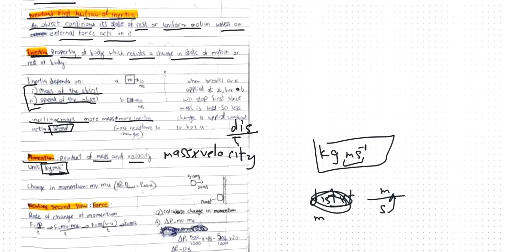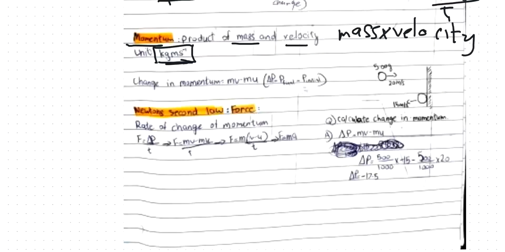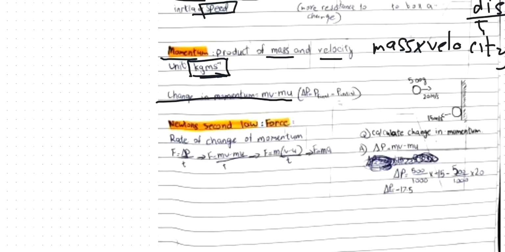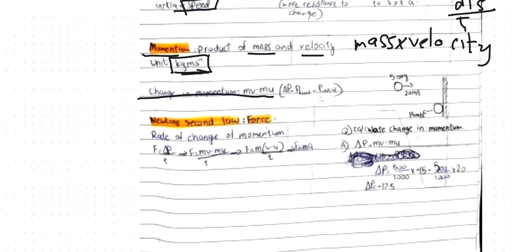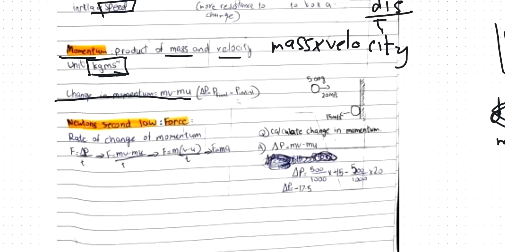So moving on, remember that change in momentum is mv minus mu. I've seen questions where they ask why the change in momentum is negative or positive. That depends on the final motion of the body. So let's say that this ball, which has a mass of 500 grams, is moving towards a wall at a speed of 20 meters per second.